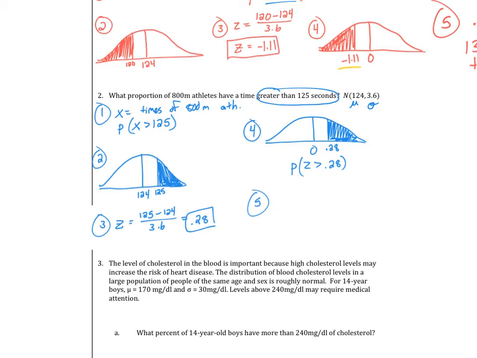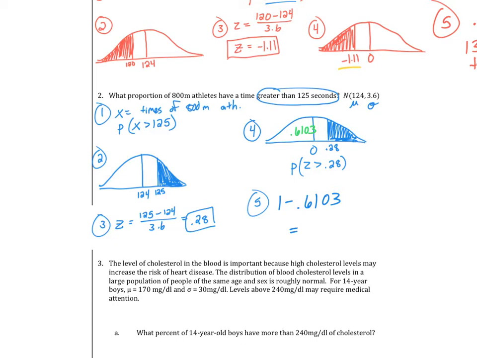Okay, so what that tells us, 0.6103 is what's to the left of that line. Okay, we want to find out what's to the right of that line, so we have to do 1 minus 0.6103.